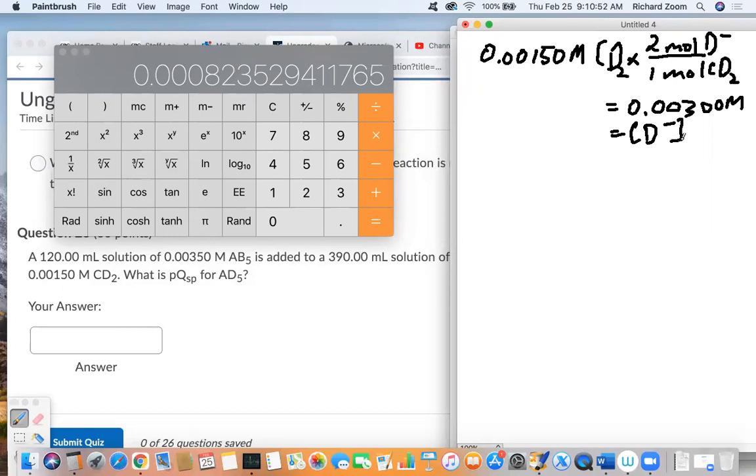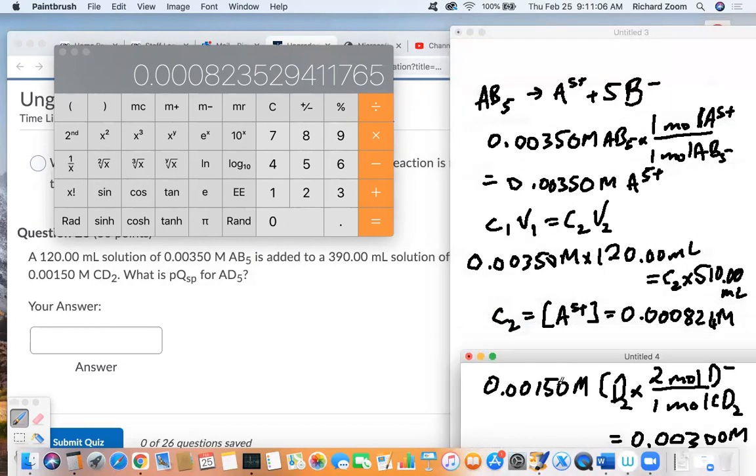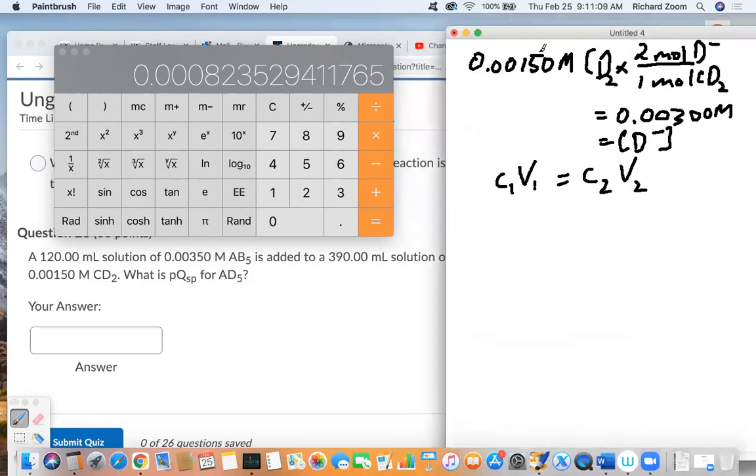Then we need to look at the dilution. So going back to where the 2 moles comes into play. All right, I didn't draw a picture of it. I'll draw a picture of it here. So CD2 is going to be C2 plus 2D minus.